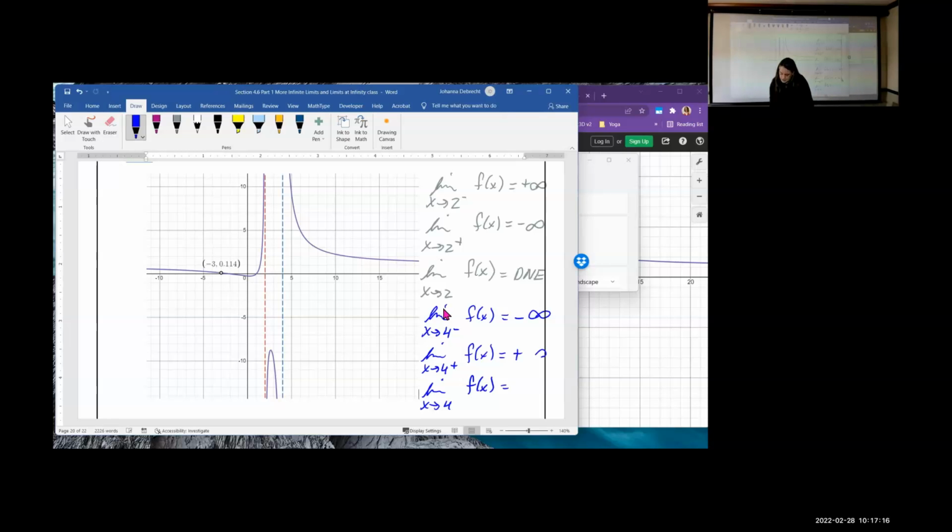So again, they disagree, so I write D and E. In all cases, the limits do not exist because infinity and negative infinity are not finite real numbers. What's the limit as I approach negative 3?